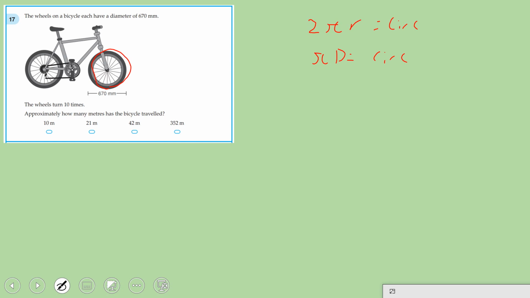Now we know that the diameter is 670 millimeters, but all our answers, as we can see, are in meters. So to go from millimeters to meters, we need to divide by 1,000, because 1,000 millimeters equals 1 meter. So 670 will divide by 1000.